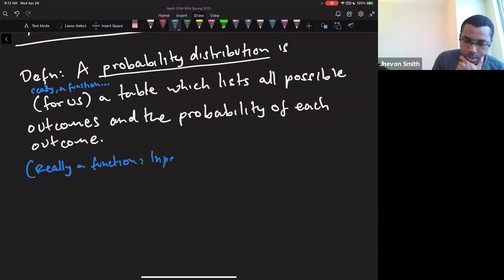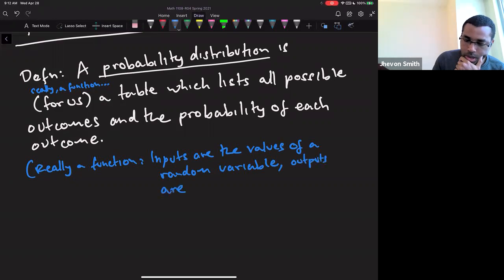The inputs are the values of a random variable. Outputs are probabilities.